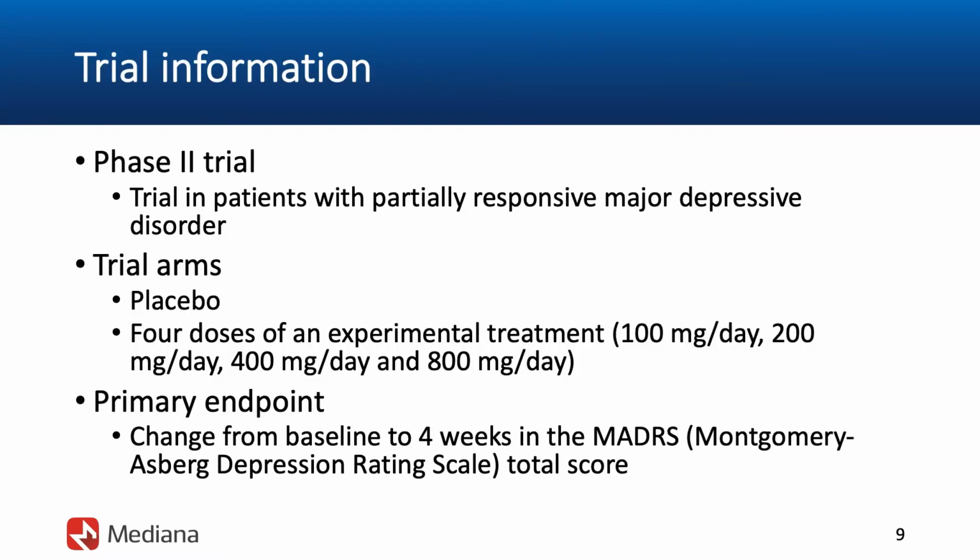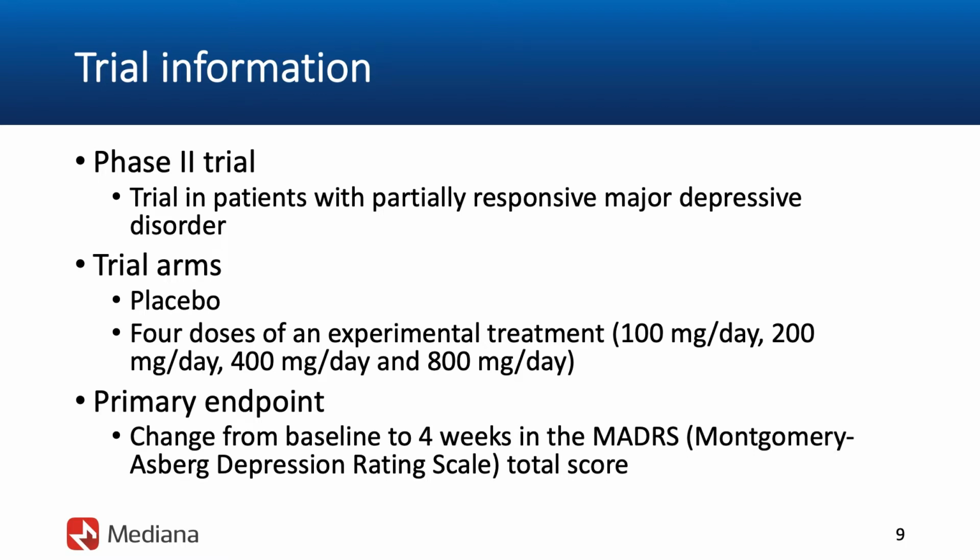This is a high-level description of key features of the phase 2 dose finding trial that will be used in this case study. We went over this clinical trial in part 3, so we'll provide a very quick description. You can see here that this is a phase 2 trial in patients with partially responsive major depressive disorder.